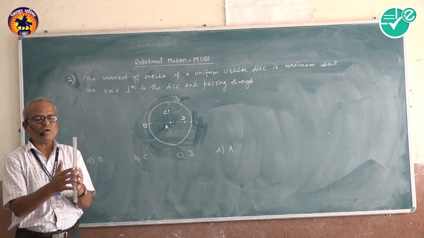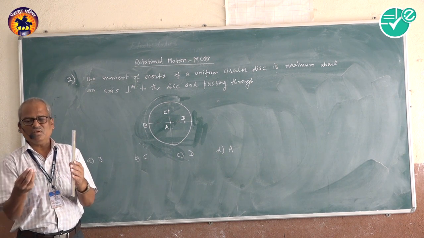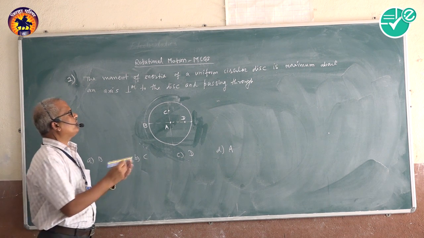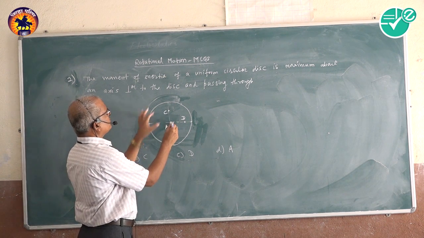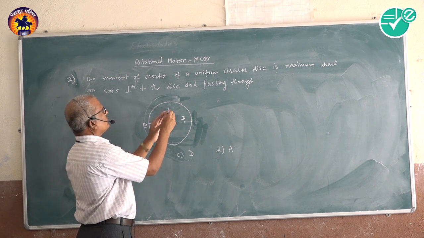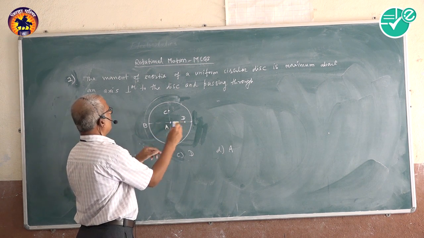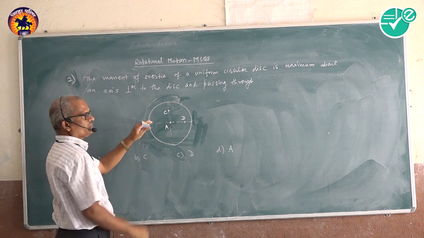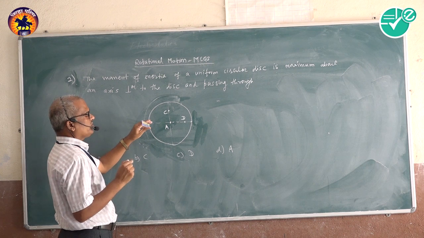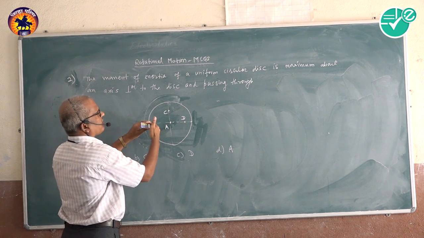If the mass is widely distributed, away from the axis of rotation, the moment of inertia is larger. About this axis, the mass is distributed like this; about this axis, nearly the same. But if we consider option D as the axis of rotation, the distribution of mass is at a larger distance.